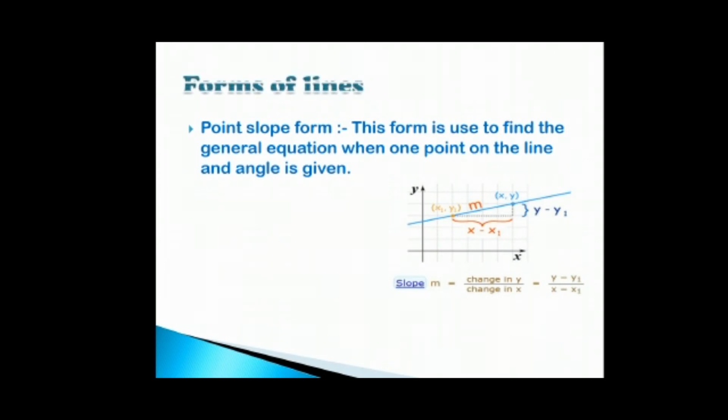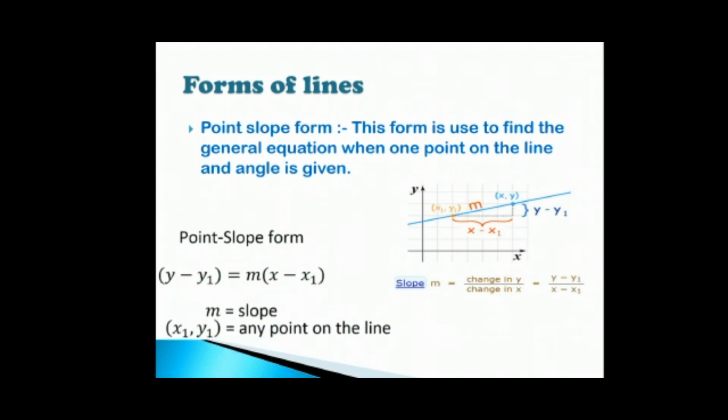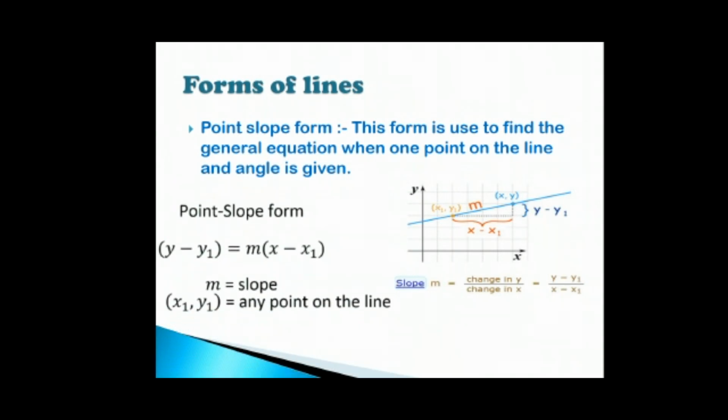If m is the slope of the line, the equation of this line is given by y minus y1 is equal to m into x minus x1, where m is slope of line and x1 y1 is any given point on the line.